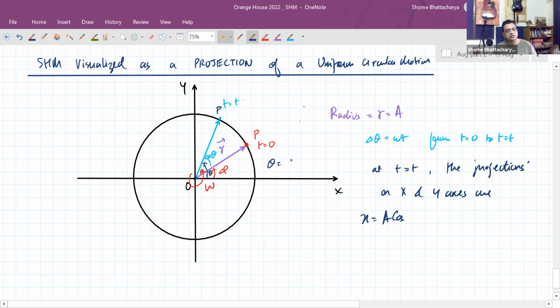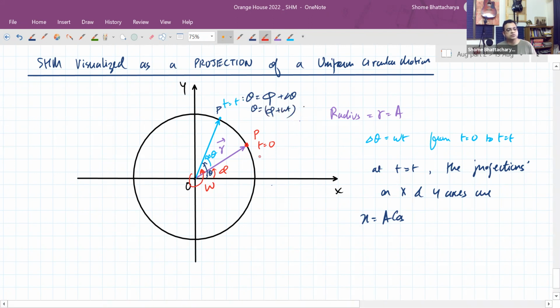Theta is the initial angle phi plus delta theta, the angular displacement. So theta at time t is phi plus omega t.